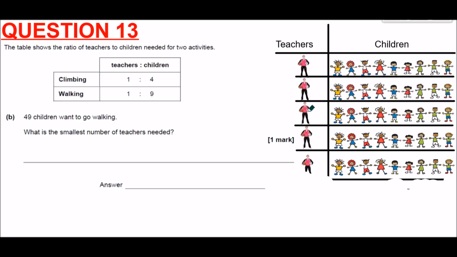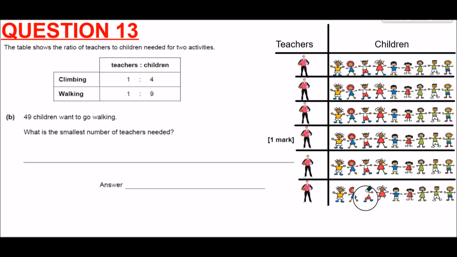So there's almost enough with 5 teachers, but not quite, because 45 children isn't quite 49. So we'd need an extra 6th teacher that can look after as many as 9 other children. So 6 teachers can look after 54 children. Obviously we don't need to look after quite 54, but ultimately 5 teachers wouldn't be quite enough, so we'd need an extra 1 teacher. So the number of teachers needed would be 6.